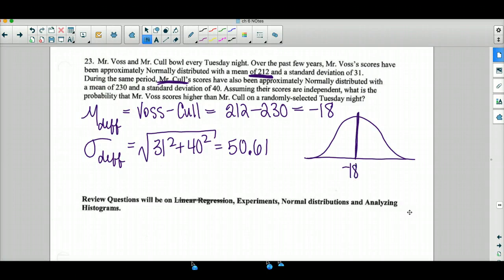We want to know when their difference will be greater than 0. So that's going to be norm CDF. My lower is 0. My upper is 10,000. My mean is negative 18. And my standard deviation is 50.61.